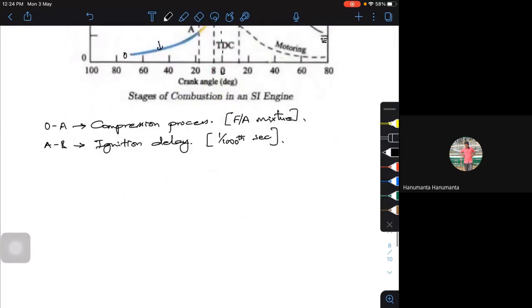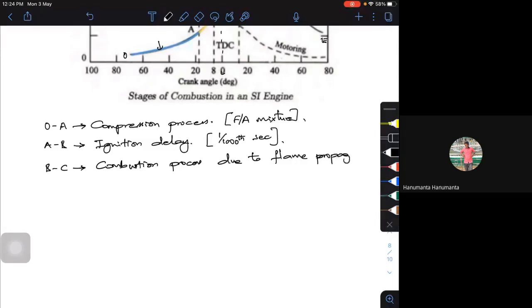B to C is the combustion process, the combustion due to flame propagation.